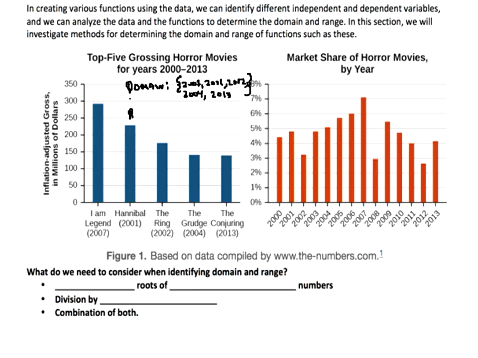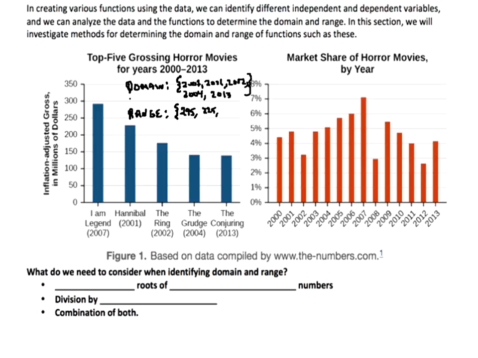And then the range is going to be the same type of thing. Let's see, I have the range for the year 2007. My output is about 295, it looks like. And that's in millions of dollars. Hannibal in 2001 looks like it's at about 225.